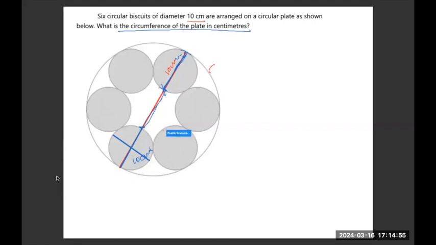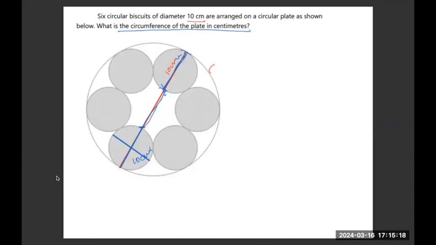In these kind of cases where all are circles, and there are 6 circles arranged within a larger plate, the center part distance which is remaining will be equal to the diameter of the smaller circle.